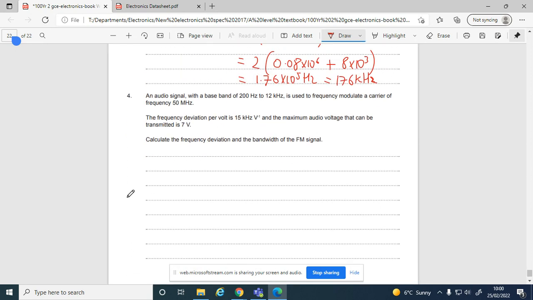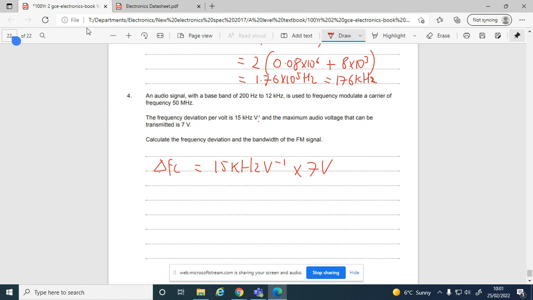Okay, this last one. Calculate the frequency deviation and the bandwidth. Well, for frequency deviation, if you've been given a deviation per volt and you know the volts, think about it. How do you get rid of a per volt? We multiply by volts. So delta FC is quite simply 15 kilohertz per volt, multiplied by 7 volts.